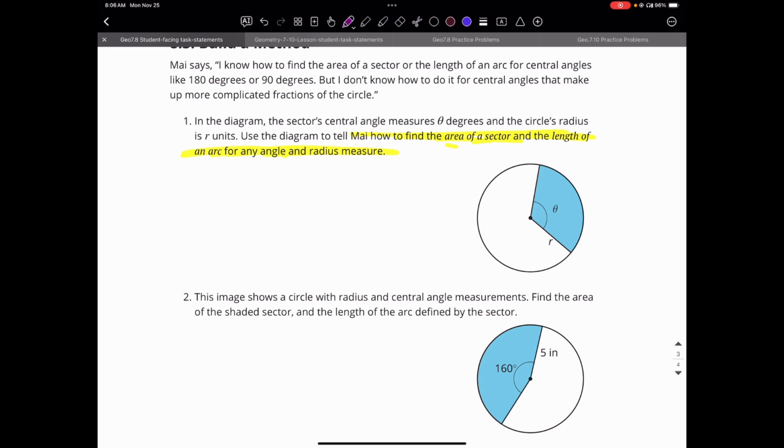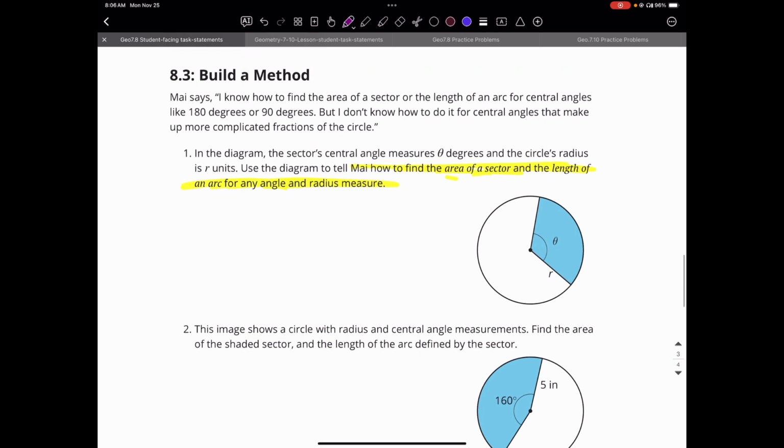Use the diagram to tell me how to find the area of a sector and the length of the arc of any angle and radius measure. So those are the two things that we just did. I'm just showing you that it is part of the lesson, but I didn't like that the book makes you wait to find out. I'd rather get straight to it and show you so you have that knowledge.